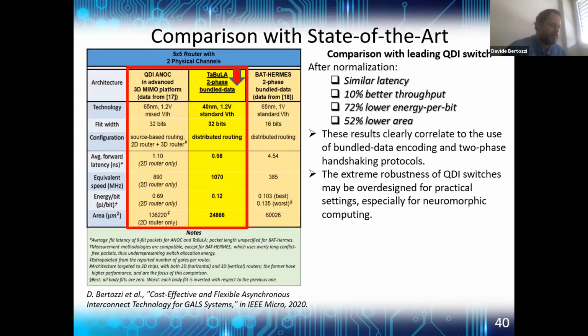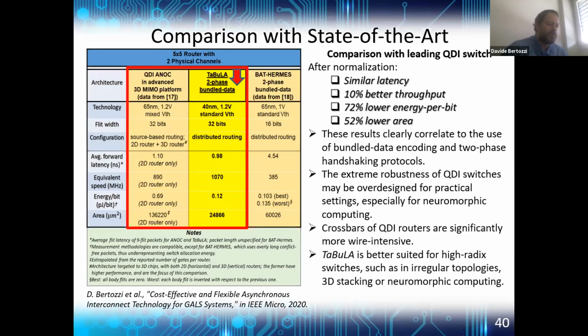It's also noteworthy to observe that QDI NoC crossbars, since they are using delay-insensitive codes, so wire intensive codes, are significantly more wire intensive, with roughly twice as many wires as this bundle data realization.